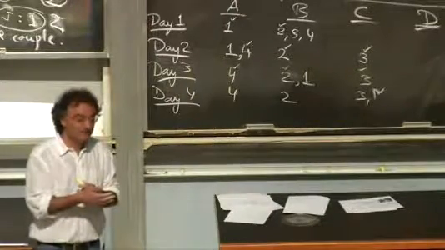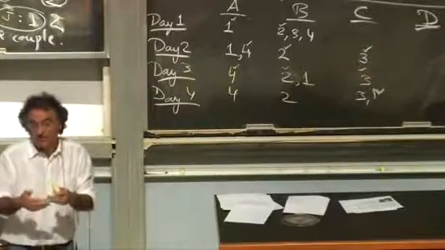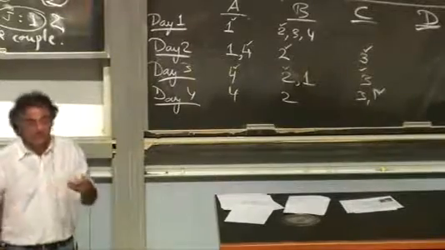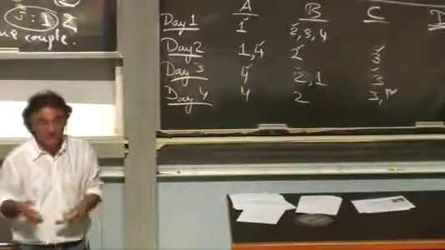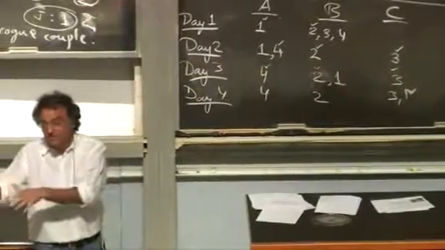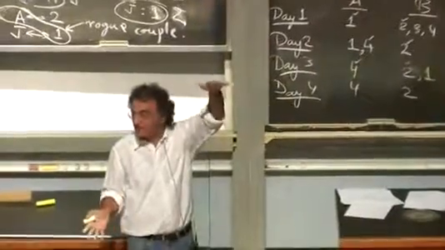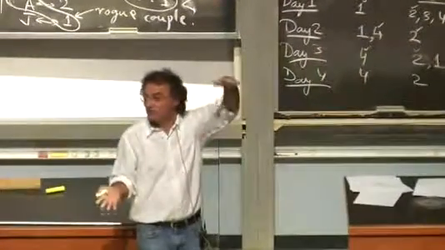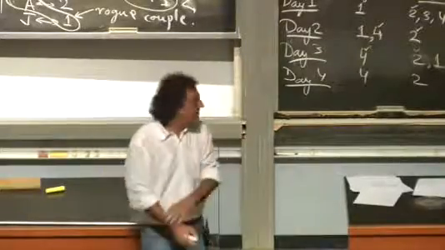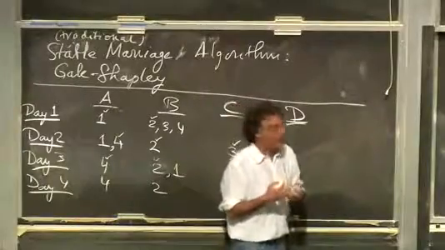So at the very least, they are going to be as well off as they were yesterday, and hopefully even better off, because now they'll have more people. So things keep getting better and better for the women. They keep getting worse and worse for the men. That's how this algorithm works, and that's the key to analyzing it. All right, so let's actually state this formally.